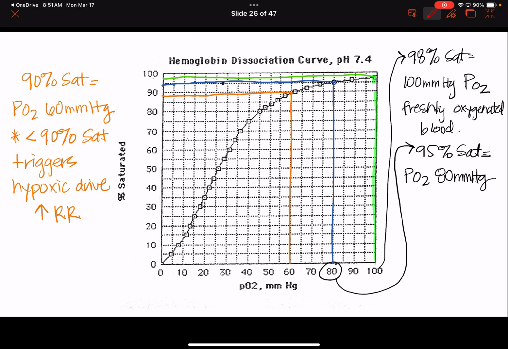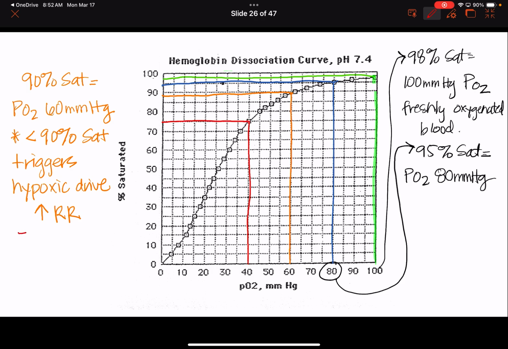And then if you get down to 40 millimeters of mercury, and this is after you have already oxygenated your blood. If it only gets you to 40, this is not a good thing. You are only at about 75% saturation, and that's when you have tissue hypoxia.